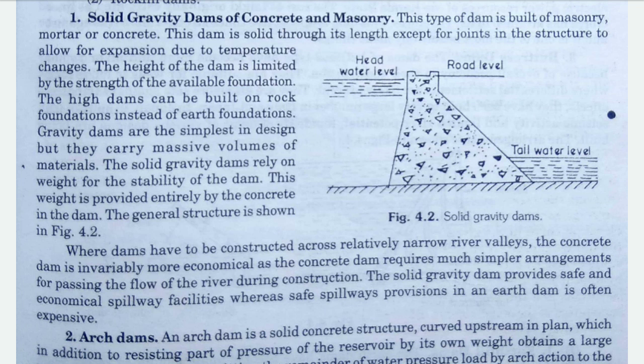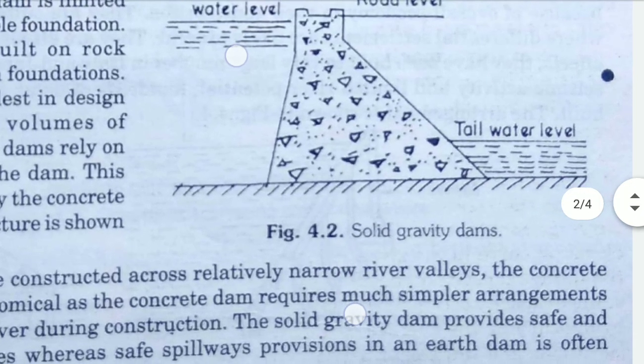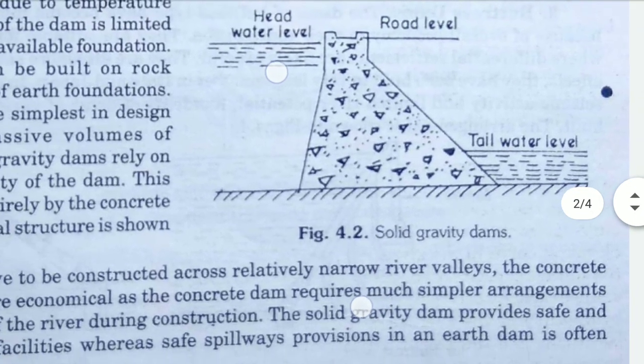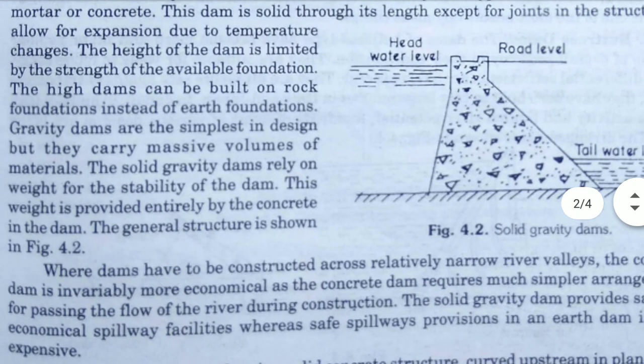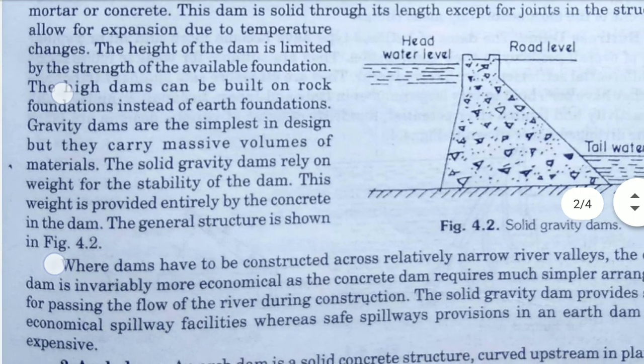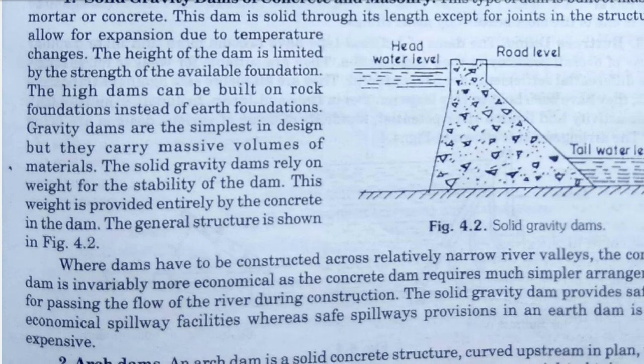The space is given at joints. The height of the dam is limited by the strength available at the foundation, because from the figure we can see that the foundation is very much expanded compared to the height. It can be built on a rock foundation instead of an earth foundation.